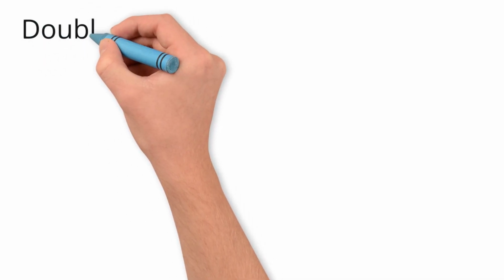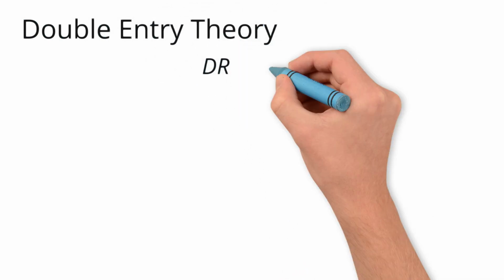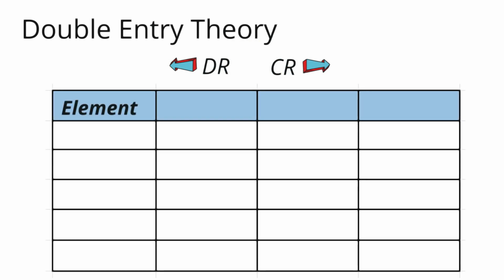And the double entry theory is built around these elements. Now, what is debit and credit? They are simply two sides, just like left and right. Normally, debit is shown on the left side of an account and credit is shown on the right side of an account. So let's have a look at this theory now.